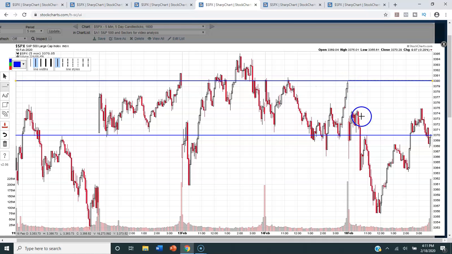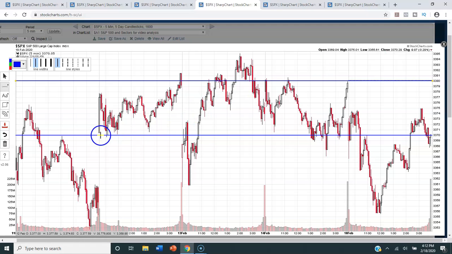But here again today, you can see that we gapped down and then fell and then spent most of the day under 3370, and then at literally the last minute, as you saw on the previous chart, we were able to climb back up and close just slightly above that 3370 area, again closing at 3370.29 on the S&P 500.